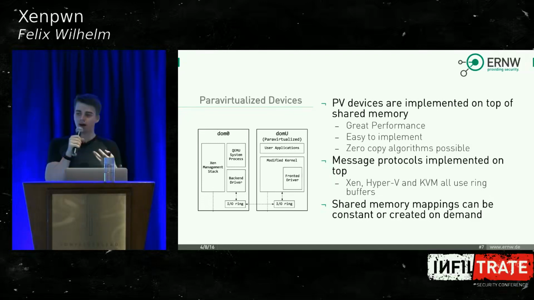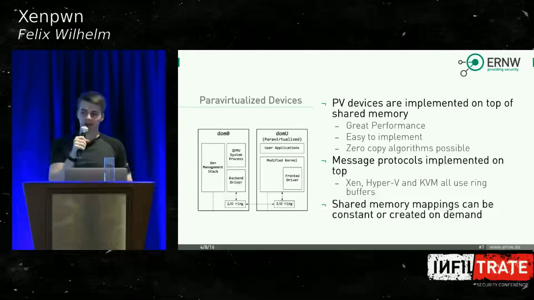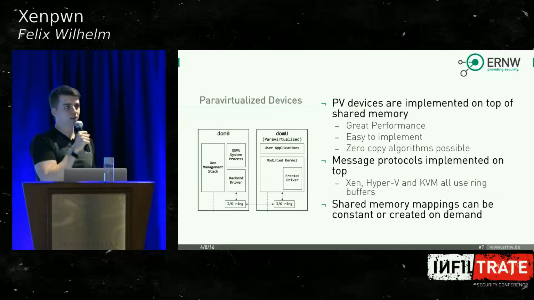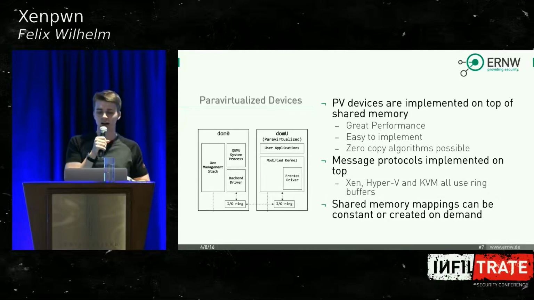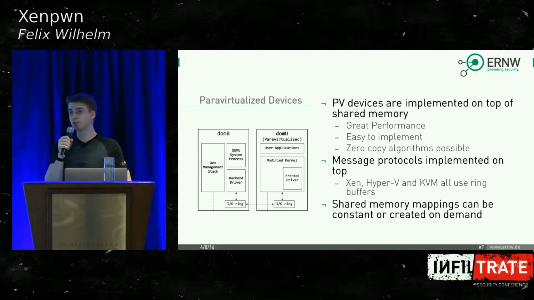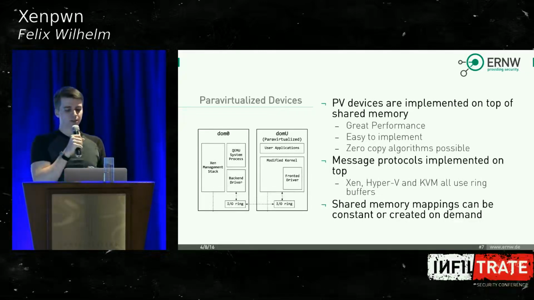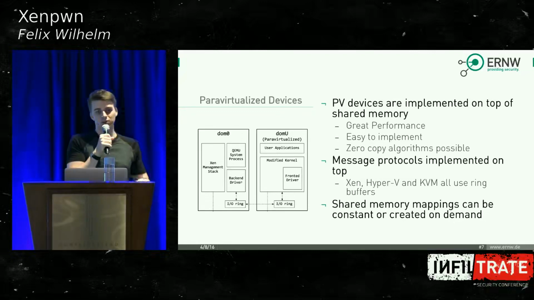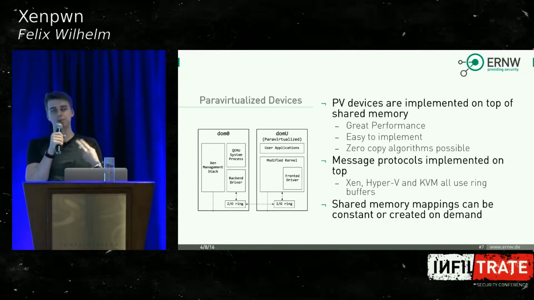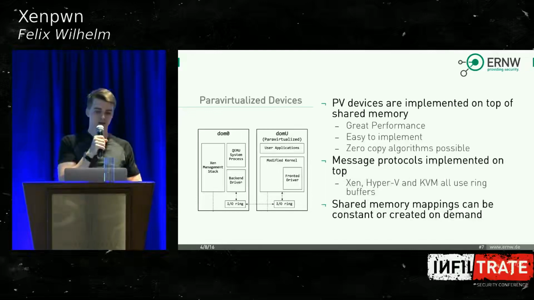Of course, a shared memory page doesn't directly give you a high-level protocol you can use to talk between these components. But all these vendors simply implement classic ring buffers on top of this shared memory to allow passing of requests and responses.